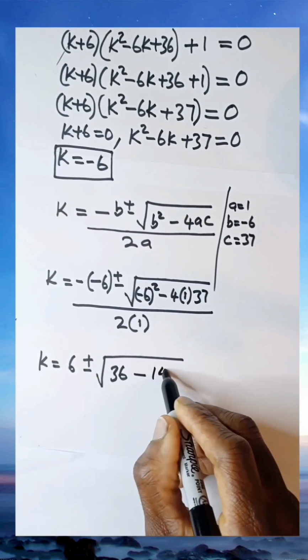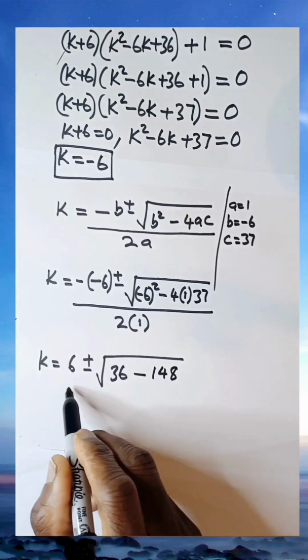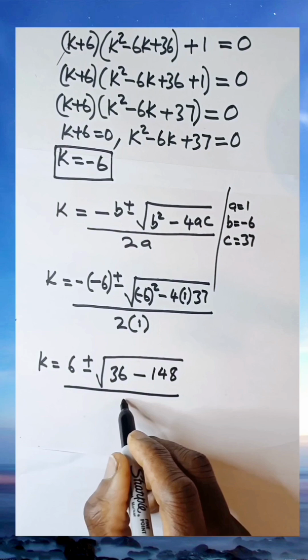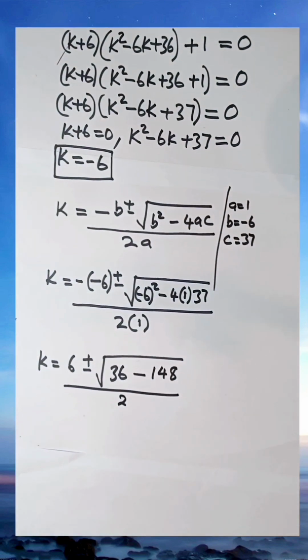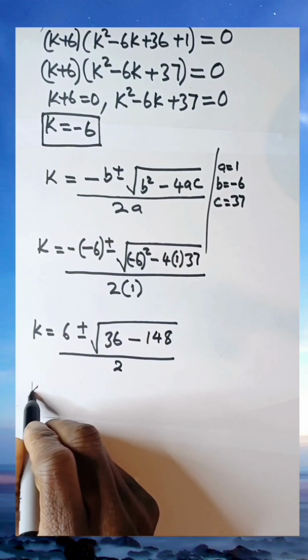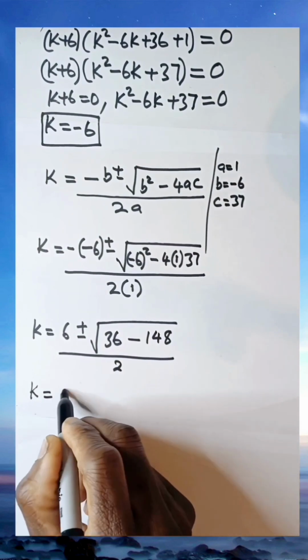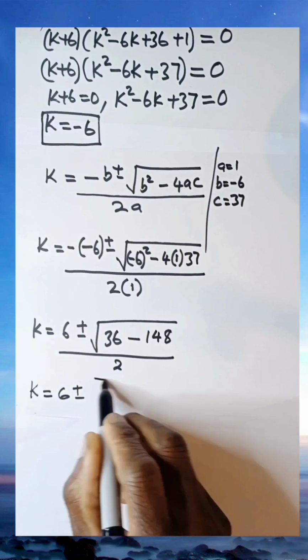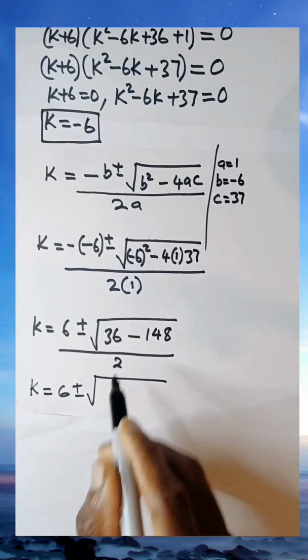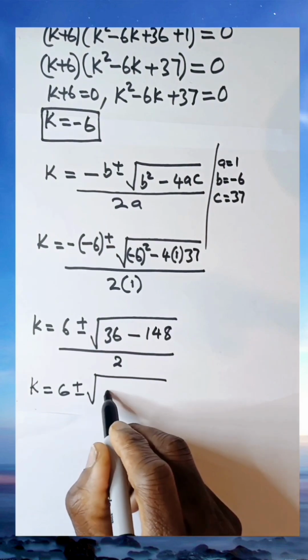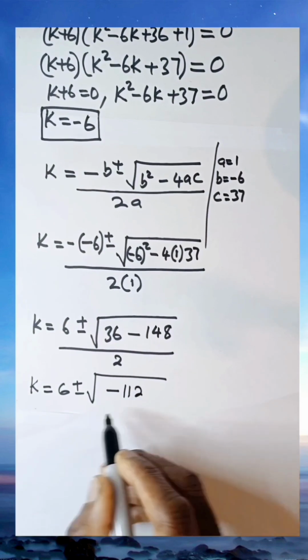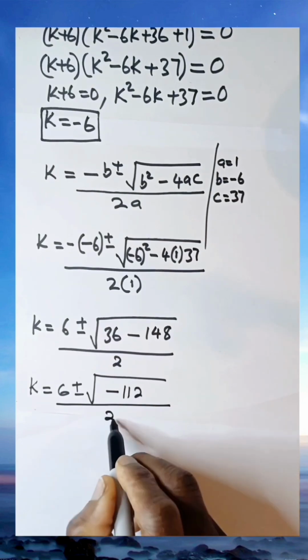So we have minus 148, divided by 2 times 1 will give us 2. So we will have k is equal to 6 plus minus the square root of 36 minus 148 will give us minus 112, divided by 2.